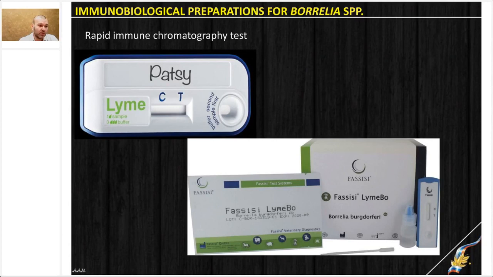And again, we have rapid immunochromatography tests with a paper strip and required reagents to identify the presence of Borrelia burgdorferi itself, or we have some tests for antibodies against Borrelia. Principle is the same.